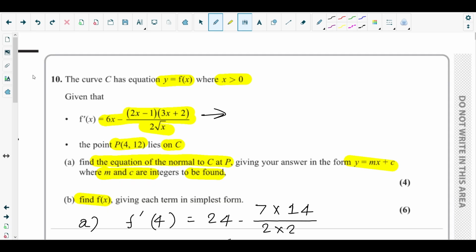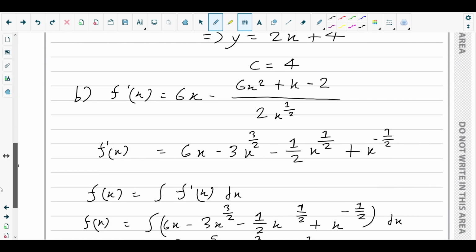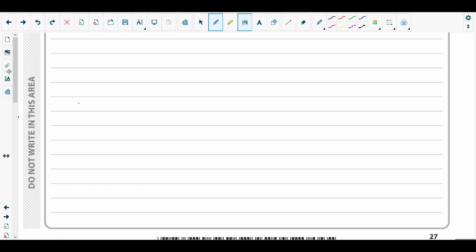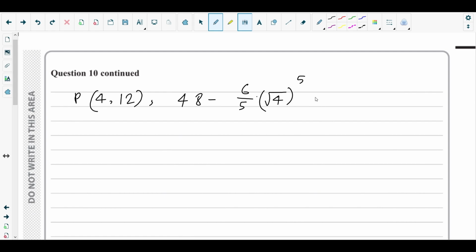And then what's there? Negative 1/3 of x to the power 3 over 2. So negative 1/3 of the square root of 4 cubed, right? Since it's power half, that's why square root, and cube is for the 3.